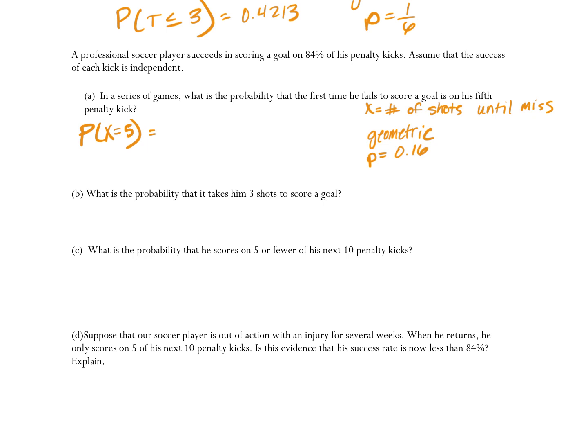What are we getting? 0.0797. So 0.080. That's how that would round. Everybody good? Okay. What would change for part B?